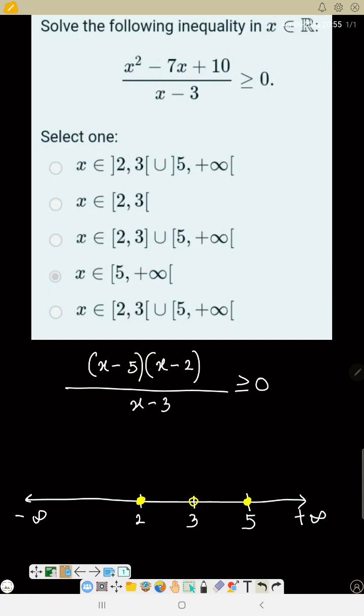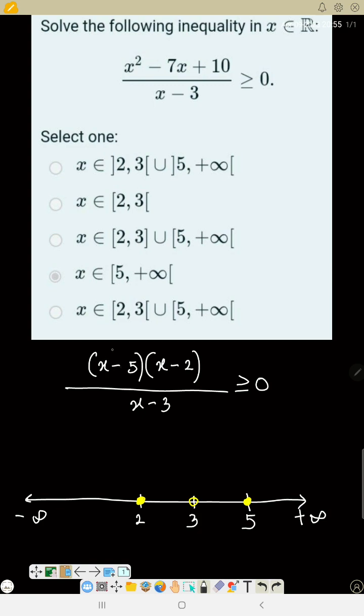So let's start with this interval here, that is from 5 to positive infinity. Choose any number from 5, because 5 is included, to positive infinity. So let's try 6, any number that is more than 5. If I put 6 here, this will be 6 minus 5.